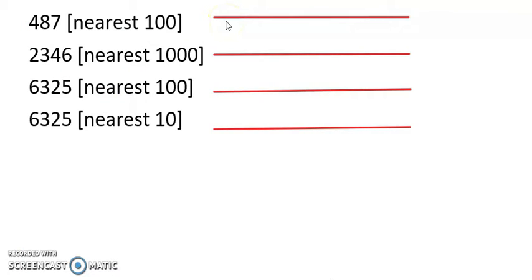We'll go through a few examples. 487 to be rounded off to the nearest 100. So what we will do, we will mark our things on the number line. This should be 400 and this should be 500, and here is my halfway, 450. Now 487 is here somewhere. This means my final answer should be 500.